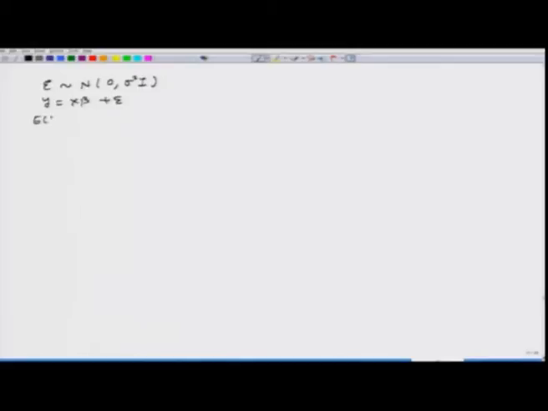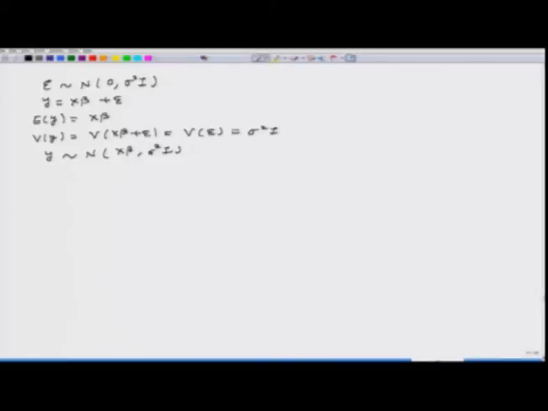So, expected value of y is same as x beta, and covariance matrix of y, this is covariance matrix of x beta plus epsilon, and this is same as the covariance matrix of epsilon, which is sigma square I. And y is a linear function of epsilon. So, I can write down that y is also following a multivariate normal distribution with mean vector x beta and covariance matrix sigma square I.